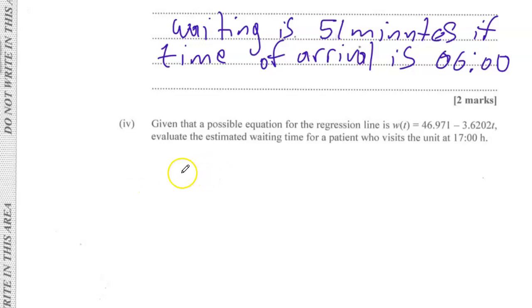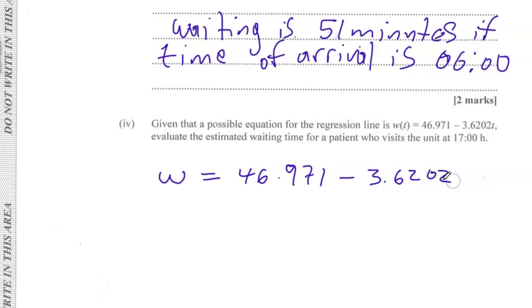So waiting time. So W would be equal to 46.971 minus 3.6202 times time. Now, how far is 1700?